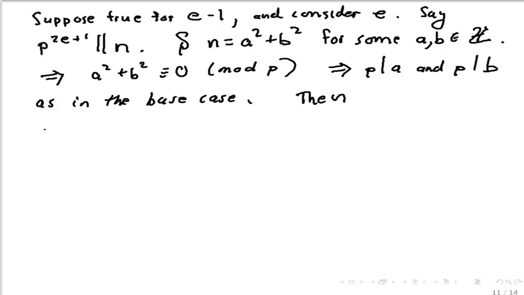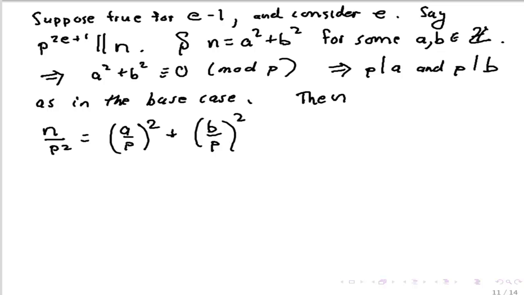and I just divide both sides by p squared, and that would be a over p squared squared plus b over p squared squared. And everything in sight here is an integer. p is a divisor of a, p is a divisor of b, p squared is a divisor of n. And so that says that the number on the left is a sum of two squares.